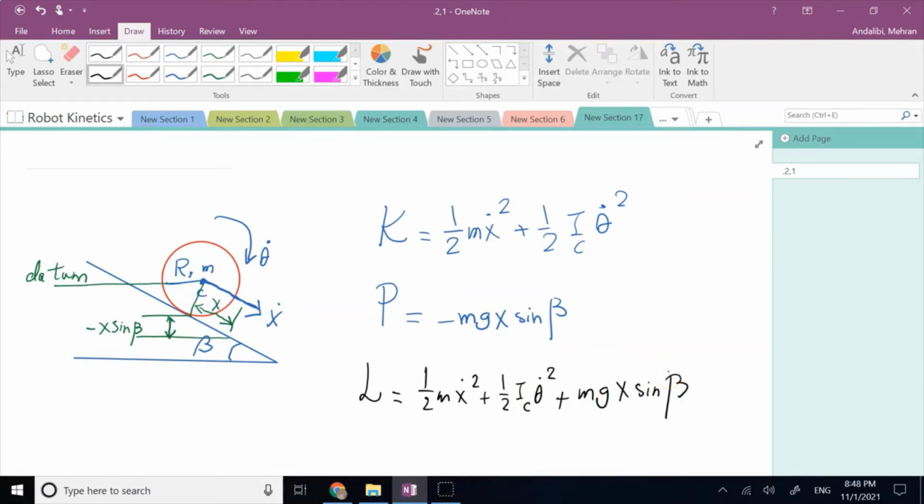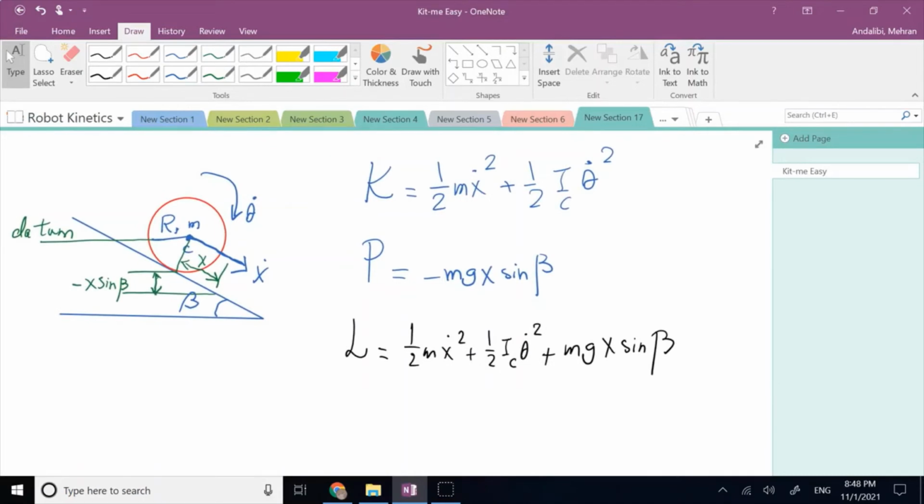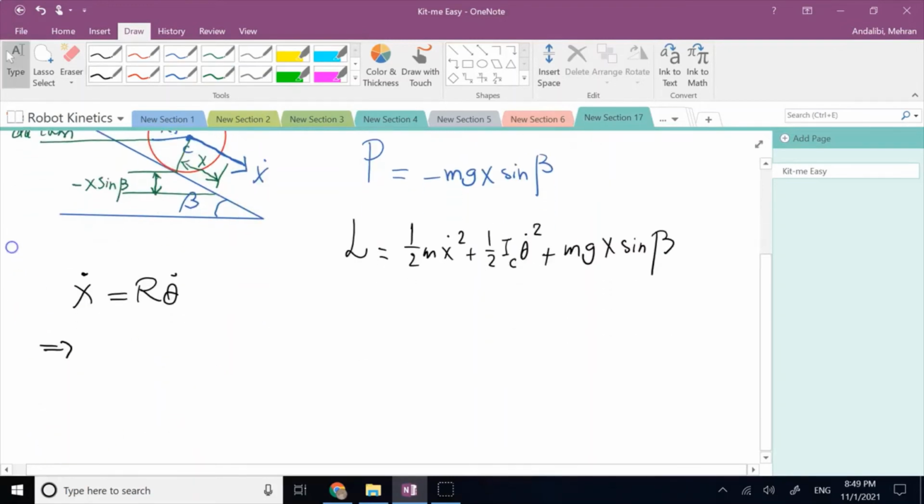That is your Lagrangian. Now, what's the constraint that you have? The constraint is that x dot equals r, or capital R in this case, times theta dot, right? That's the no slip condition. And if I want to write it as a Pfaffian constraint, I can write it as x dot minus r times theta dot equals 0.